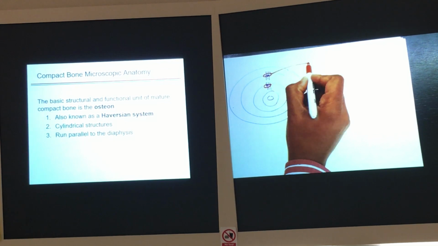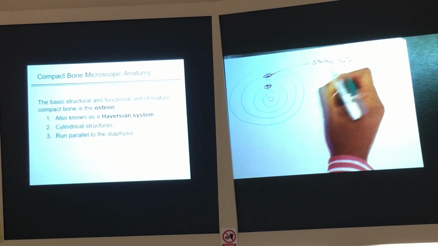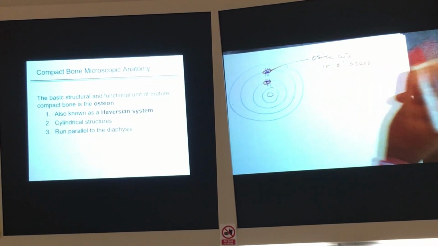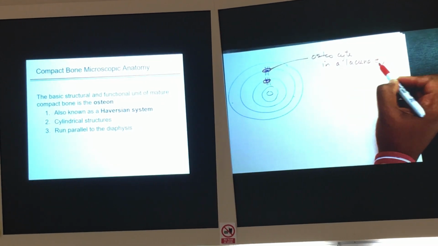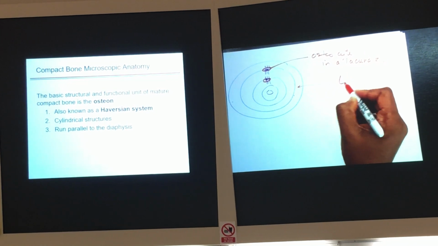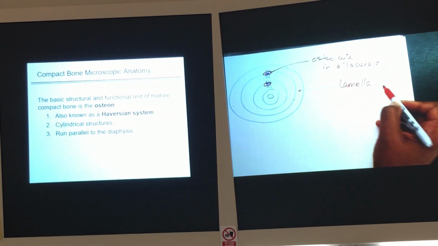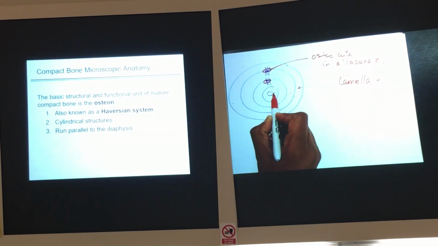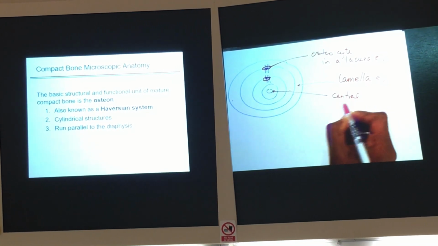Lacuna. So here, osteocyte in a lacuna. That means one. If it is two or more, lacunae. And this ring is called lamella. When it's two, it will be lamellae. And this blood vessel is called central canal.